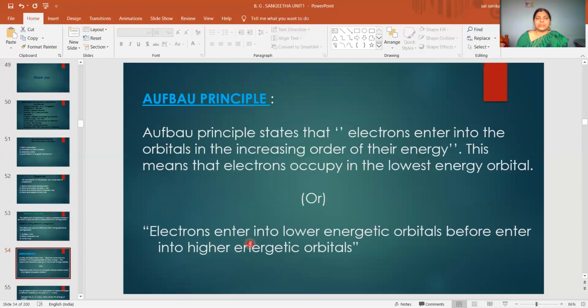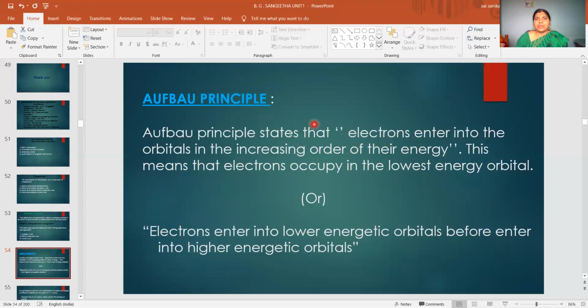Now we will see one by one. First rule is Aufbau's rule. So what did Aufbau state? This is the statement: the Aufbau principle states that electrons enter into the orbitals in the increasing order of their energy.